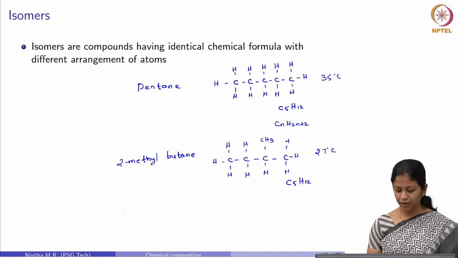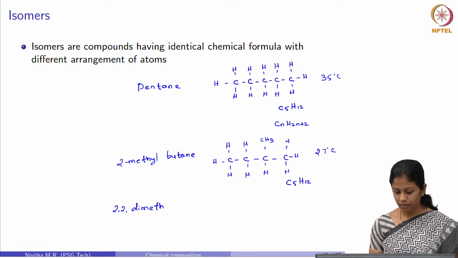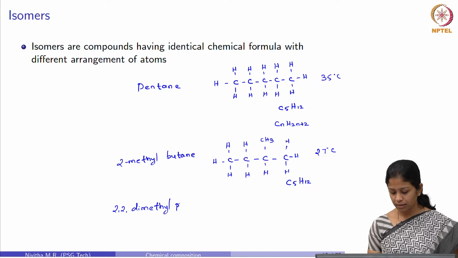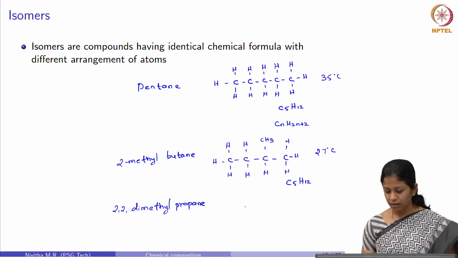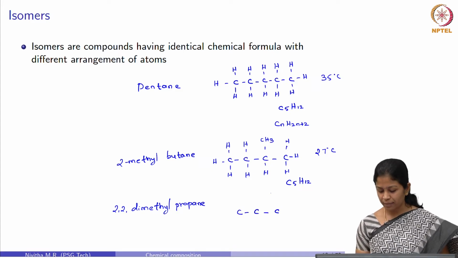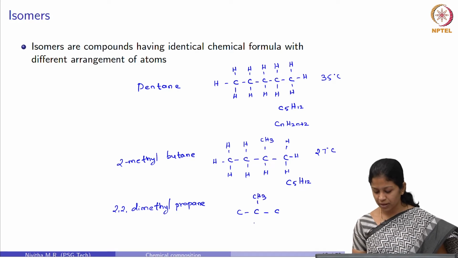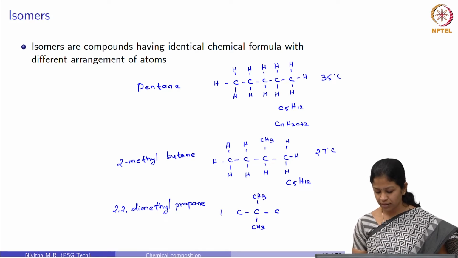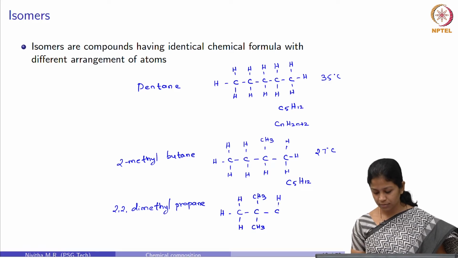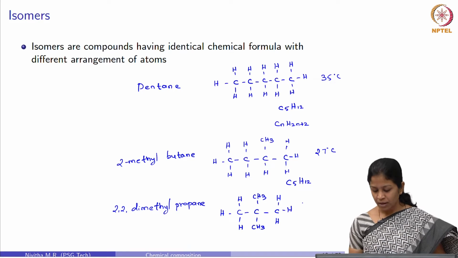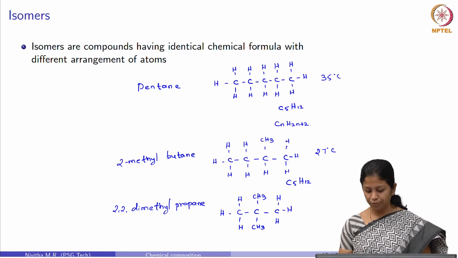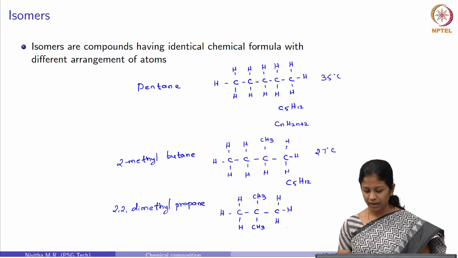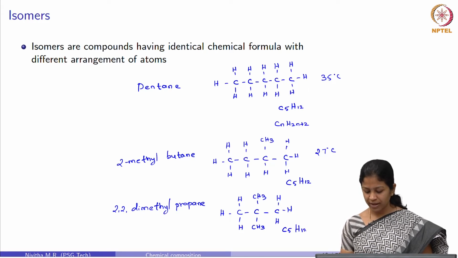We will define some other form, which is 2,2-dimethyl propane. So, here we have 3 carbon atoms, 1 CH3 here, 1 CH3 here. If I count here again, I have 3, 4 and 5 carbon atoms, 3, 6, 9, again 12 hydrogen atoms, C5H12.